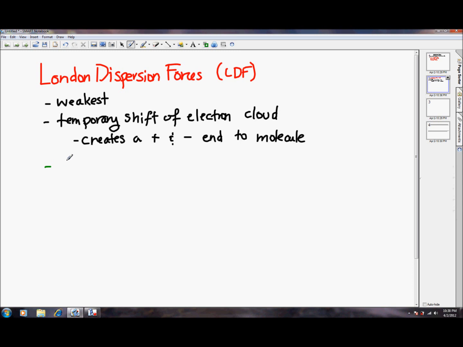Where do we find London dispersion forces? This is how noble gas atoms are attracted to each other. And this is also how molecules that are normally nonpolar experience attraction.